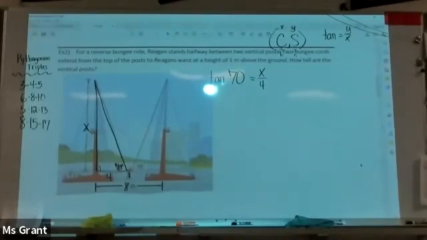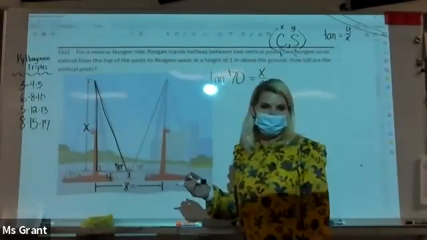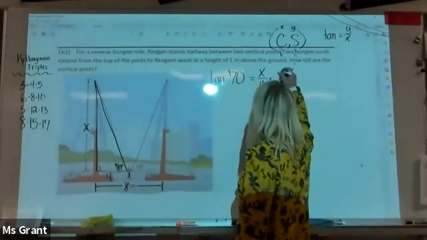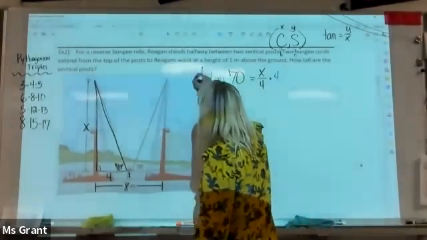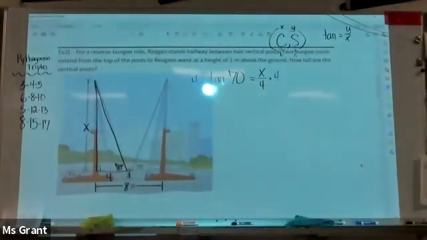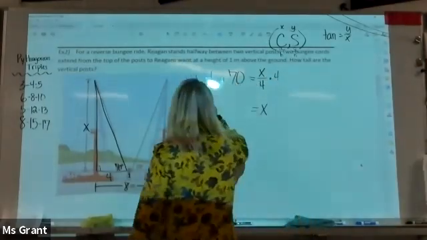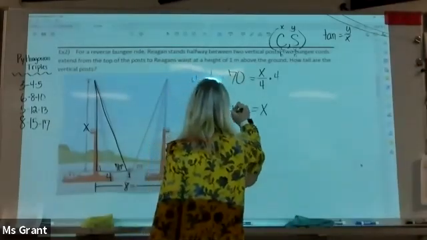So, to solve this, solving for x, the 4 is on the denominator. I can multiply by 4 on both sides. You guys need calculators? Okay. Your calculation is going to be 4 times tangent of 70 degrees.